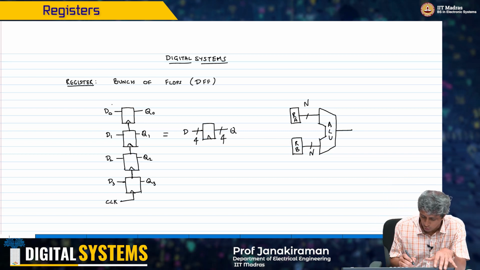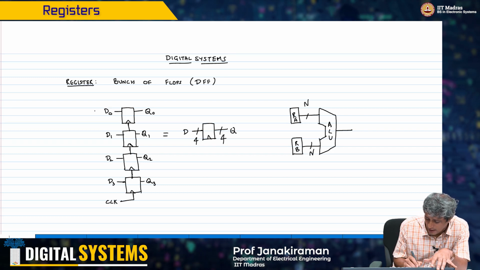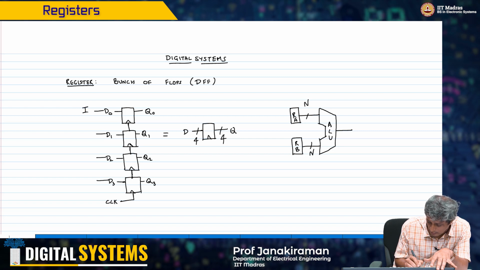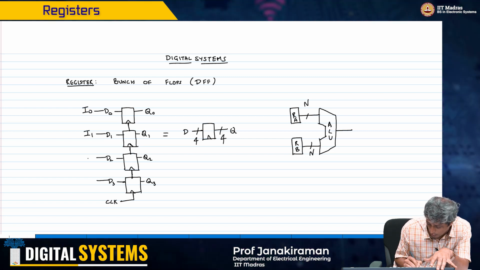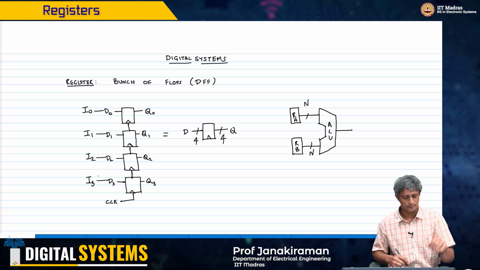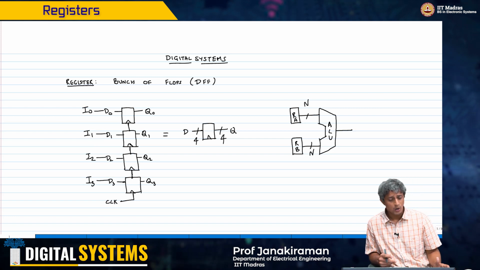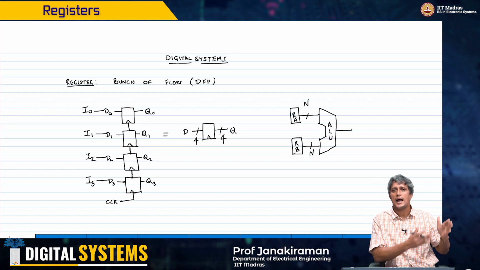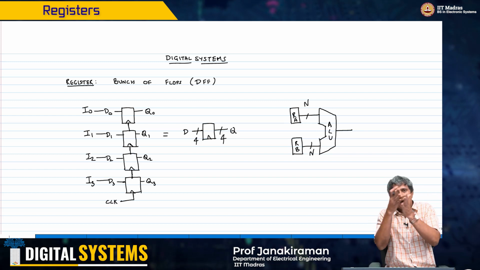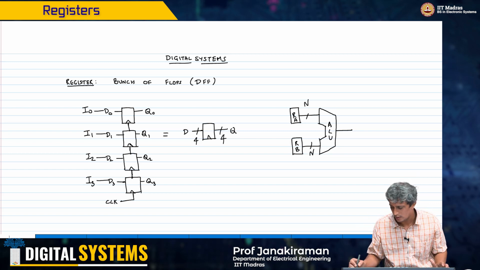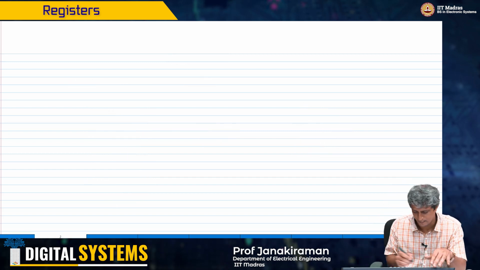So now what I can do is to simply connect each of these D0, D1, D2, D3 to some input data I0, I1, I2 and I3, right? And what I want to effectively do is load this data into my output on the clock, right?